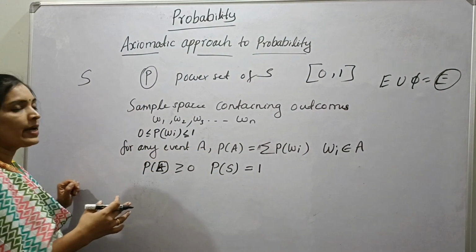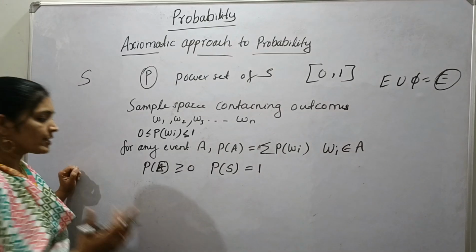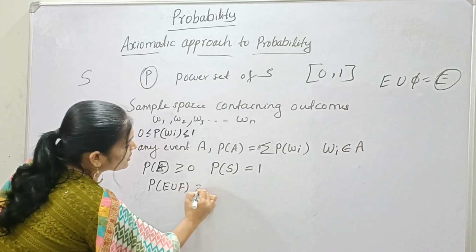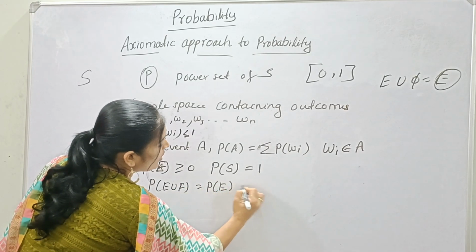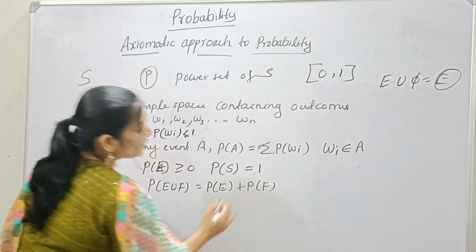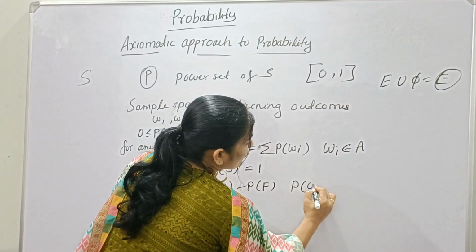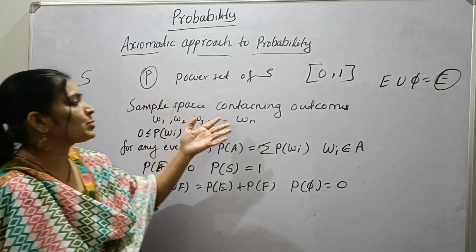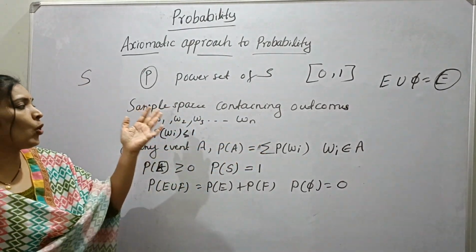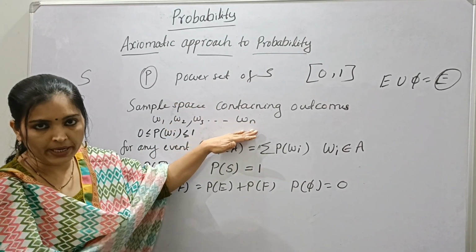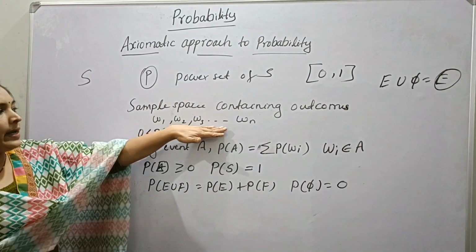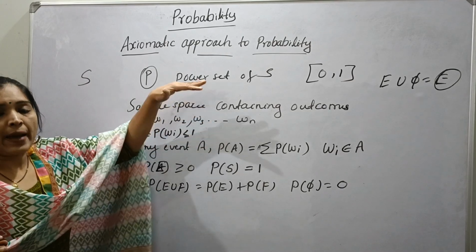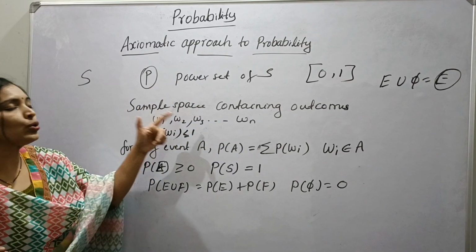Then if E and F are mutually exclusive events, probability of E union F is equal to probability of E plus probability of F, and it follows that probability of phi is equal to 0. After that, the sample space contains outcomes omega 1, omega 2, omega 3, etc., omega n, and the probability of those outcomes in the sample space is between 0 and 1.